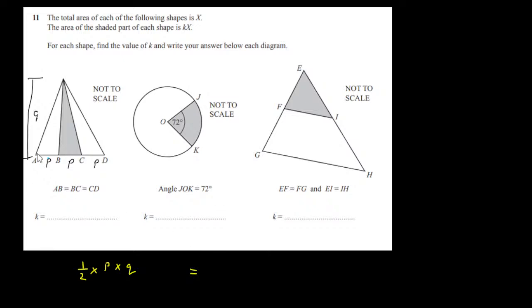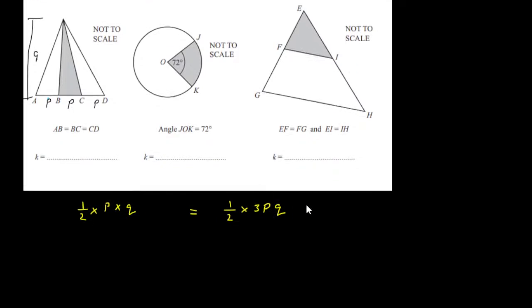And the total area is half into 3P into Q. This is your total area. Now this total area is x and this is kx. So 3 divided by 2 PQ is x. So PQ will be 2 divided by 3 x.